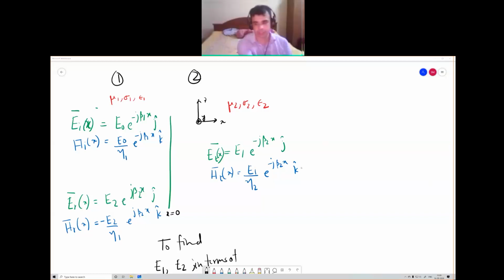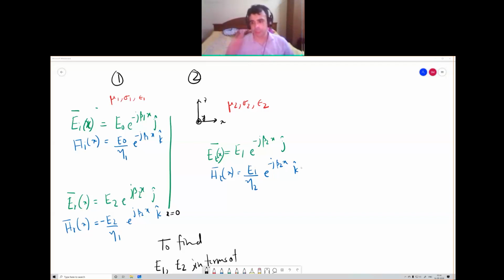On the left we have material 1 with mu1, sigma 1, epsilon 1. On the right we have material 2 with mu2, sigma 2, epsilon 2. So the incident wave is in material 1, the reflected wave is also in material 1, and the transmitted wave is in material 2.